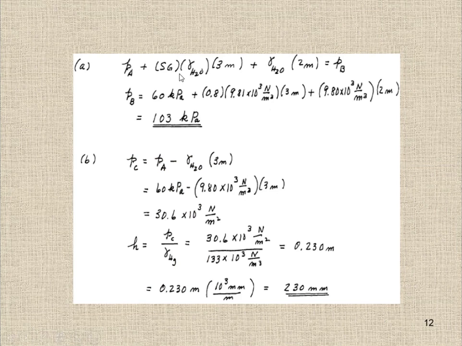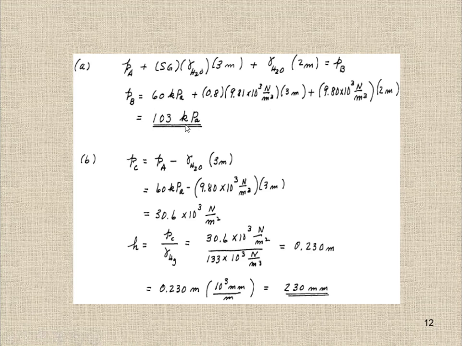Both are going up, so minus minus, so when we take it to the other side it becomes plus. So this is how we make the equation. When we simplify this, you will end up with PB equal to 103 kilopascal, okay.